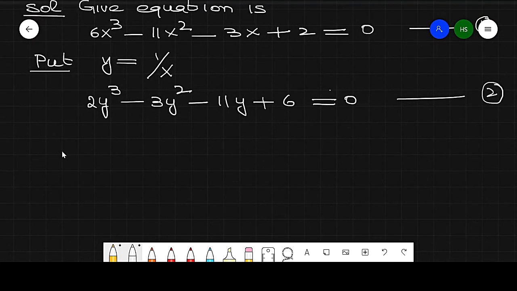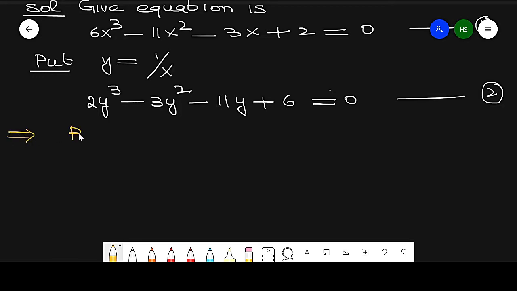Now it is a cubic equation, so it has 3 roots. Since the roots of equation number 1 are in HP, it implies the roots of equation number 2 are in AP, arithmetic progression.